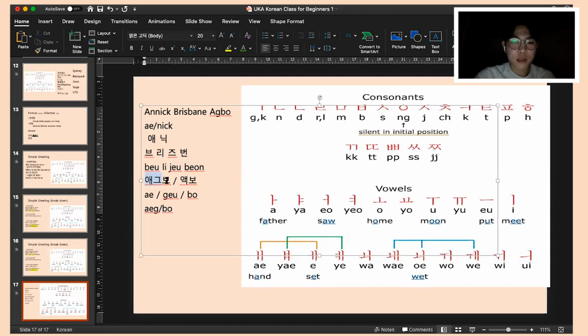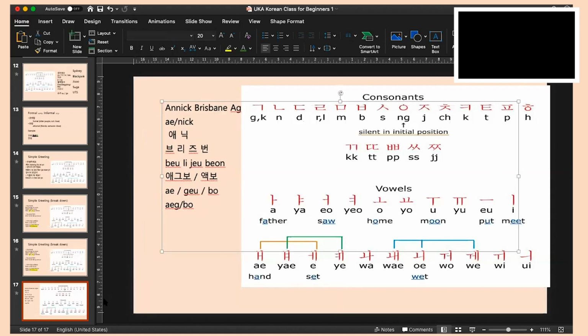So instead of Egbo, your Korean friends might make you a Korean surname, something that would sound similar to Egbo, so that you have a complete 3-letter Korean name, like most of them do. Oh, interesting. Good. Yeah.